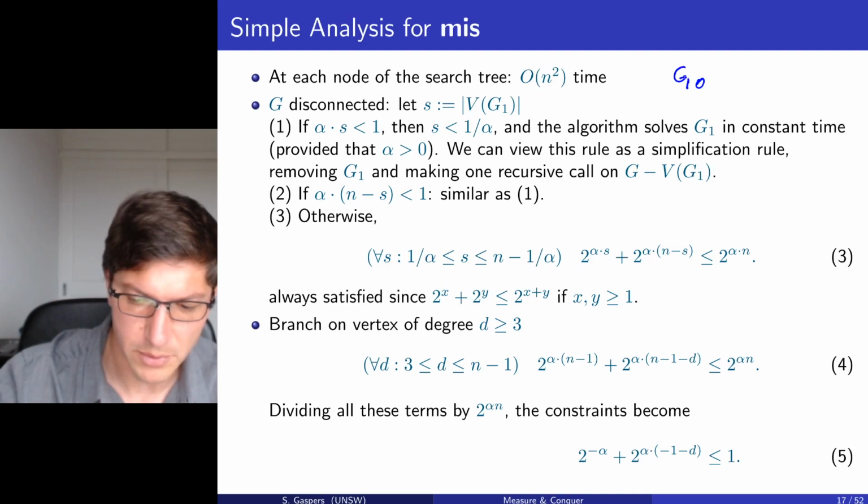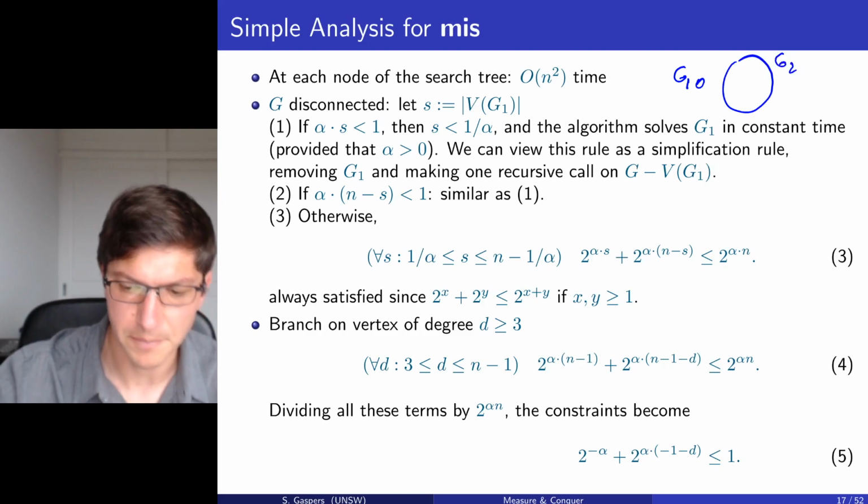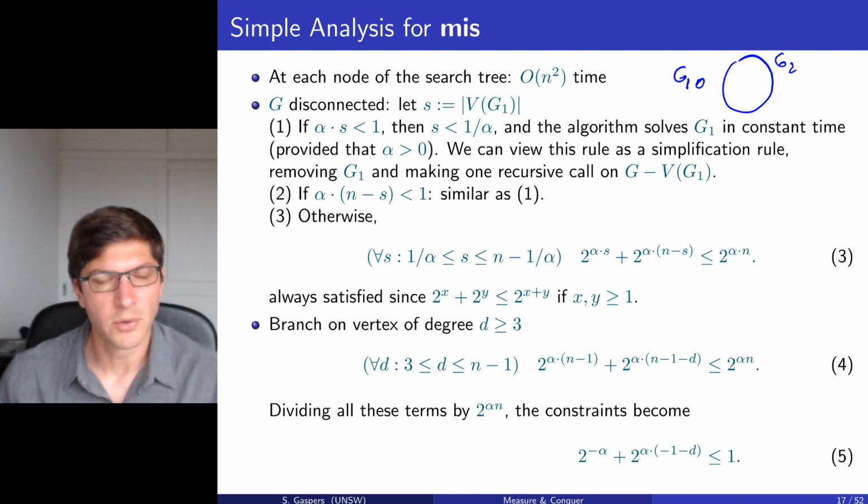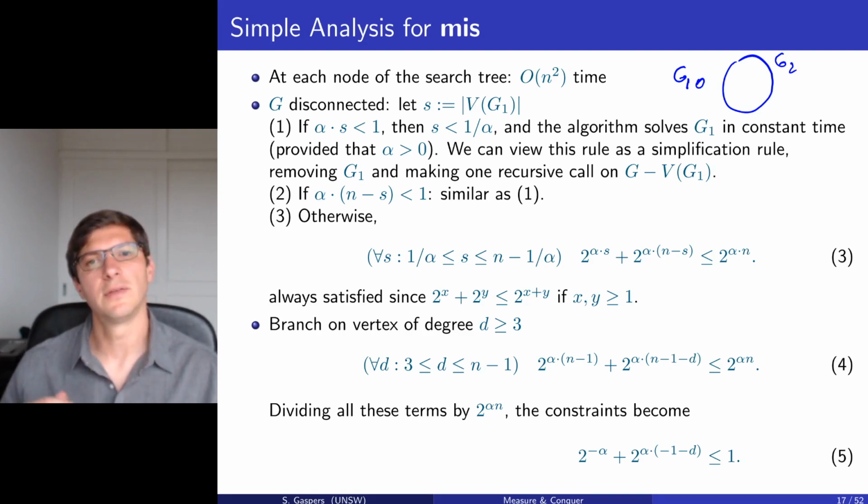So we have our graph G1 here, and G2 is here. If the number of vertices in G1 is a very small constant, then we're going to view this as a simplification rule.